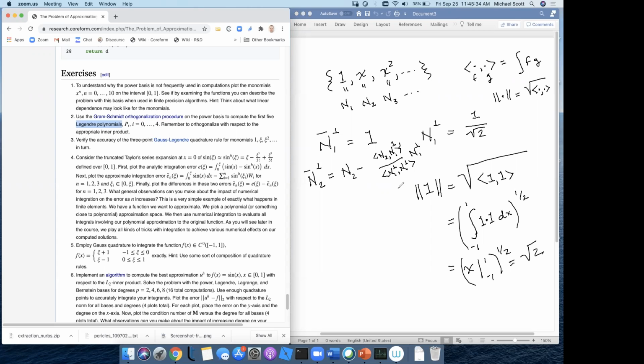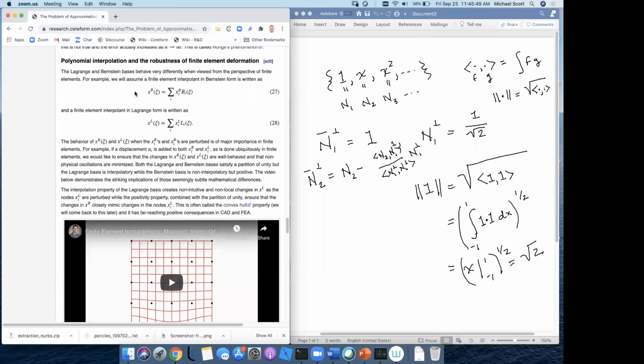So the n2, when you're doing the projection, it says the projection is n1 bar, and you've written n1 in there. Is it supposed to be an n1 bar? Or orthogonal n1 bar?